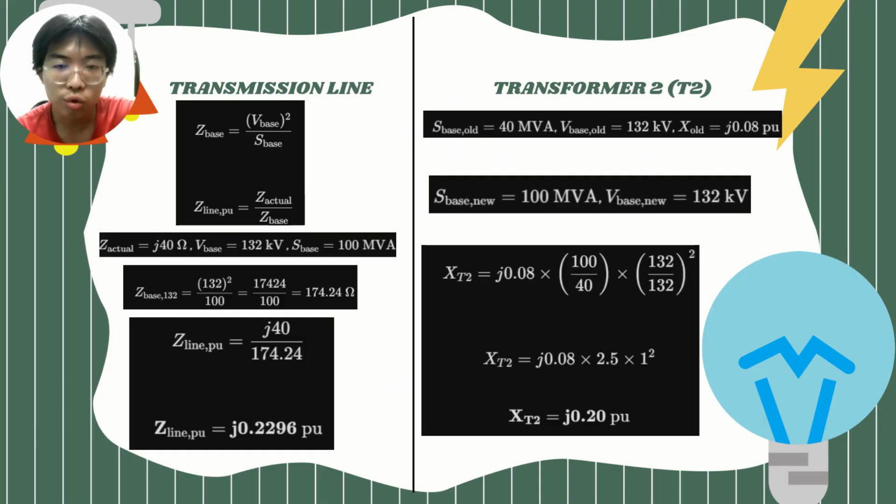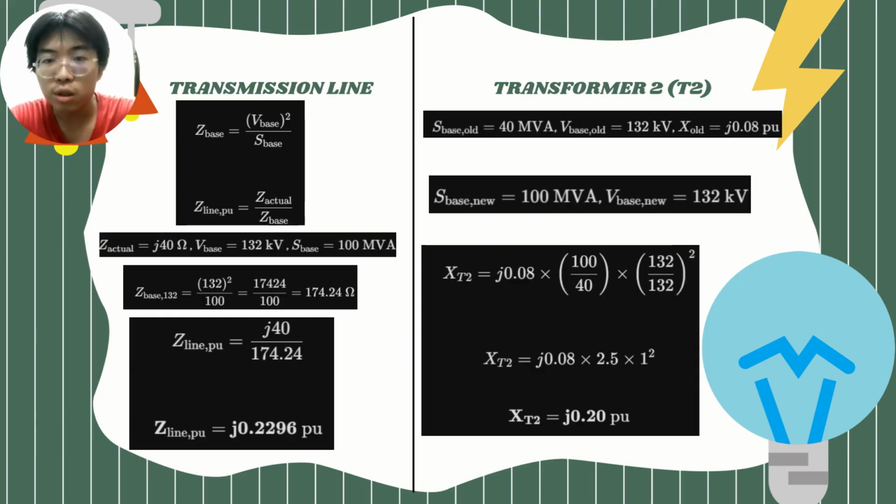And now I will continue to the transmission line and transformer 2. For the transmission line, the formula is a little bit different from the other, which is Z base equals V base to the power of 2 divided by S base. And then we can find the Z line per unit, which is equal to the Z actual divided by Z base. So we have the Z actual equal to j40 ohm, the V base equal to 132 kV, and the S base equal to 100 MVA.